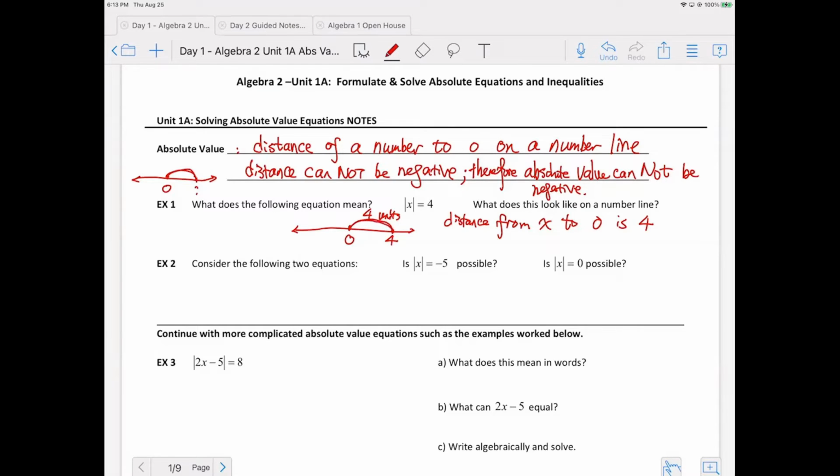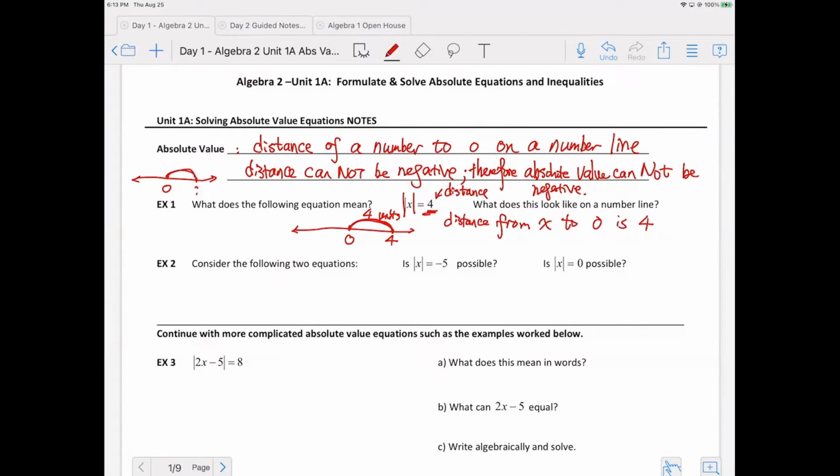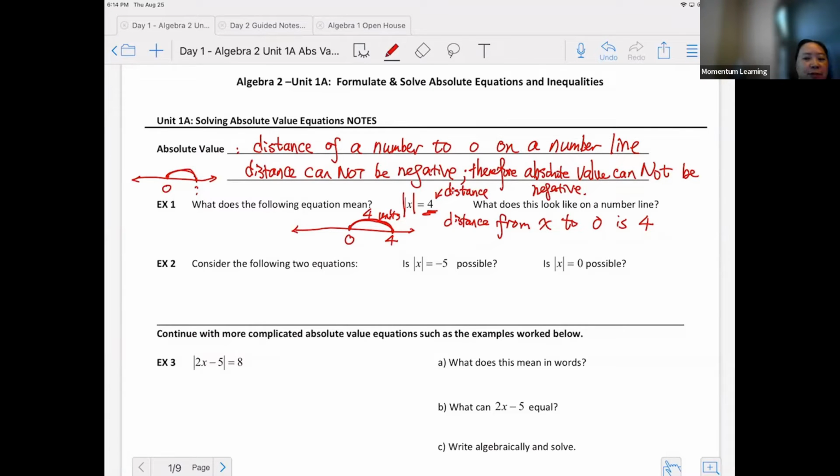Remember the definition. Absolute value is the distance, so I know 4 is the distance. The distance from x to 0 is 4. I received a couple of answers. It can also be 4 units to the left, as long as the distance is 4 units.